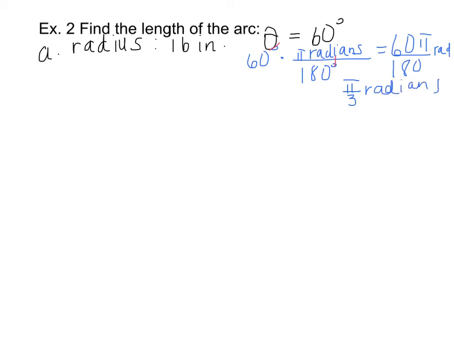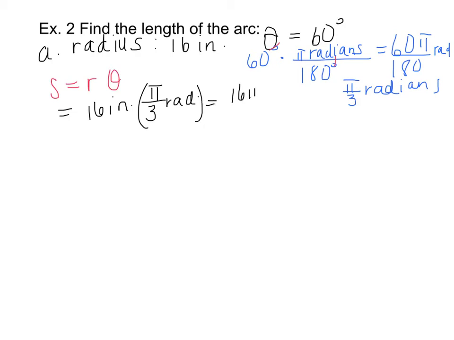Now, use our formula. And you're going to plug in your radius and your central angle. And you'll get 16 pi over 3 inches.